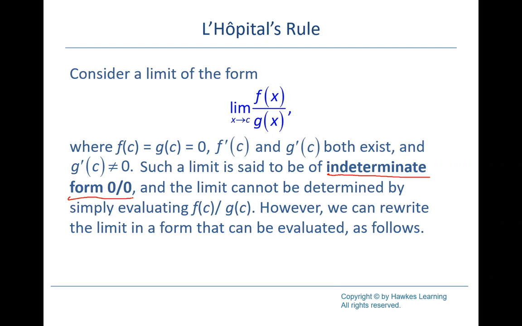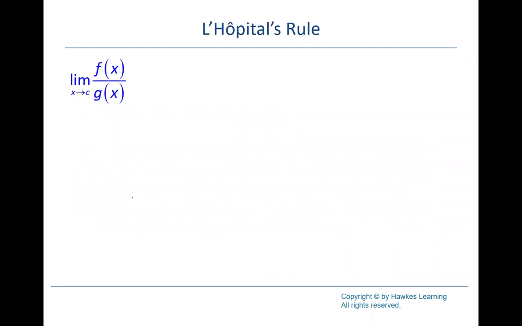Here's the main idea behind it. If we start with our function, f of x divided by our function g of x, and we're operating once again under the assumption that f of c and g of c both equal 0, we'll do a little bit of algebraic trickery here.